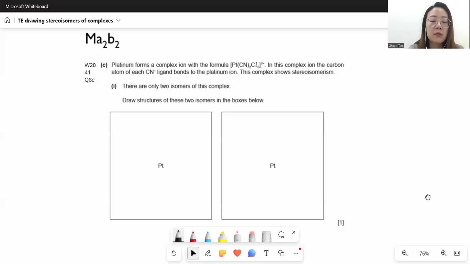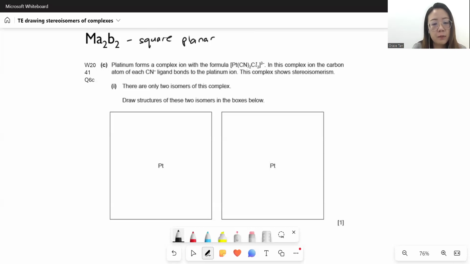If you see the formula of the complex having A2B2 type, then you know they will form cis-trans isomerism. Draw the structures of these 2 isomers in the box below. All right, so they will form a square planar shape complex.